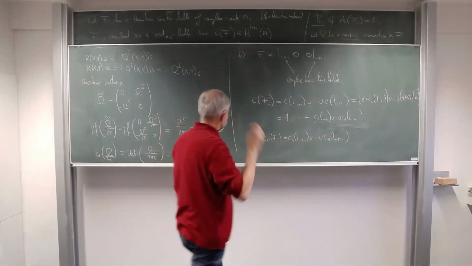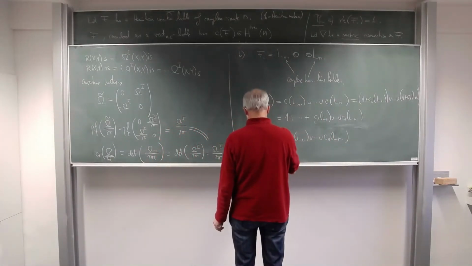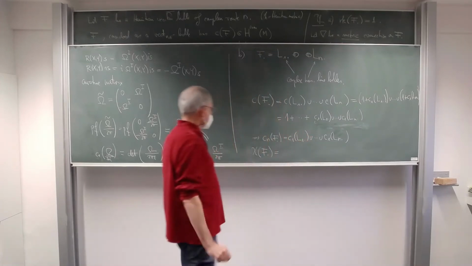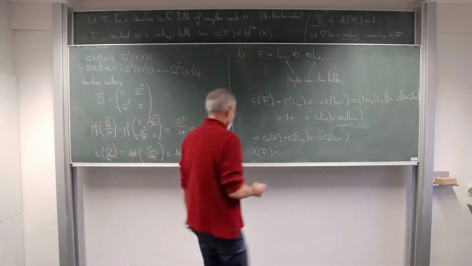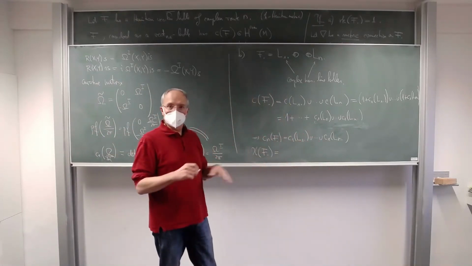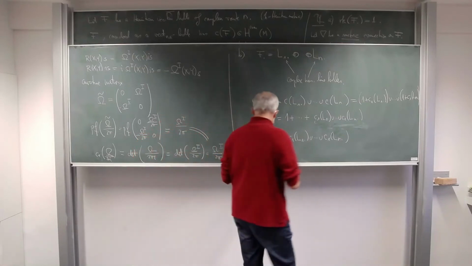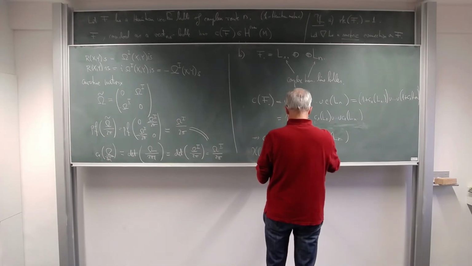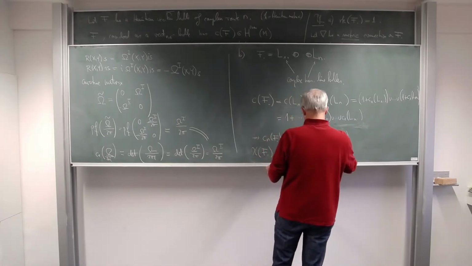And how about the Euler class? Well, the Euler class we have also seen, this is just how the Euler class behaves under sums. Namely, it's also multiplicative. So it's the Euler class of L1 up to Euler class of Ln.